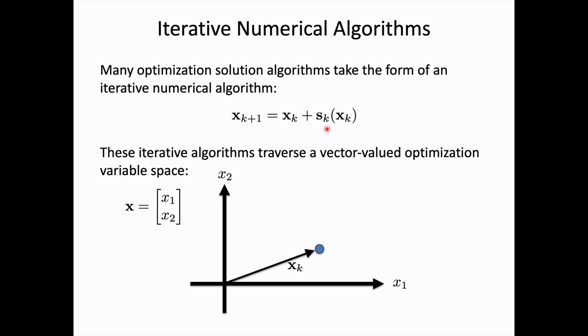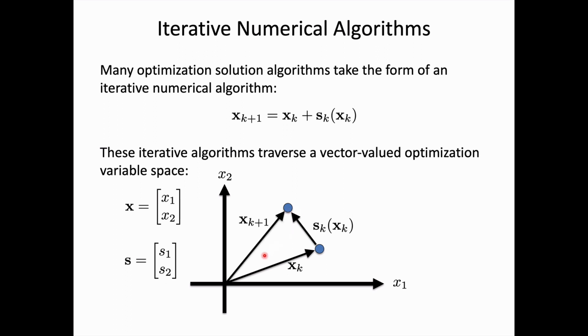So suppose we calculate sk, and then we add it to xk. Here, if we have a two-dimensional space, s will need to be composed of s1 and s2. And here's what it might look like if we have some other vector sk in this two-dimensional space, and then we add it as we do with vectors, and then we come up with this new point.